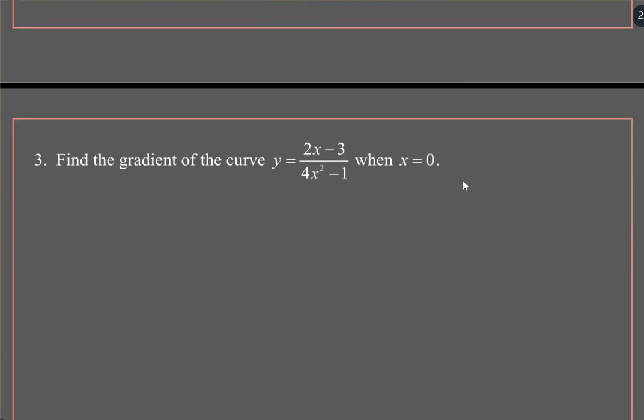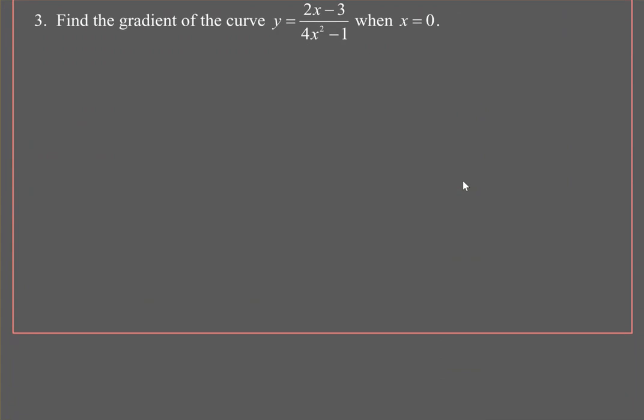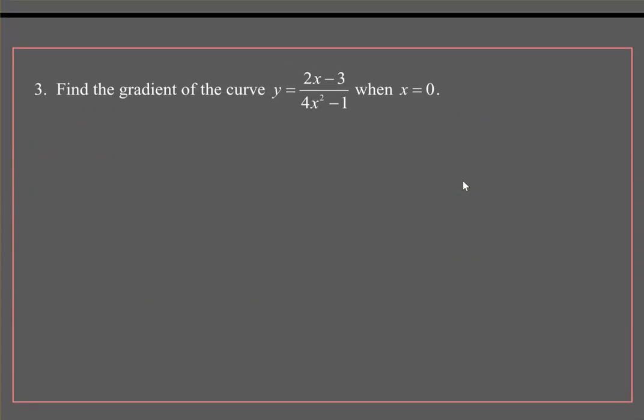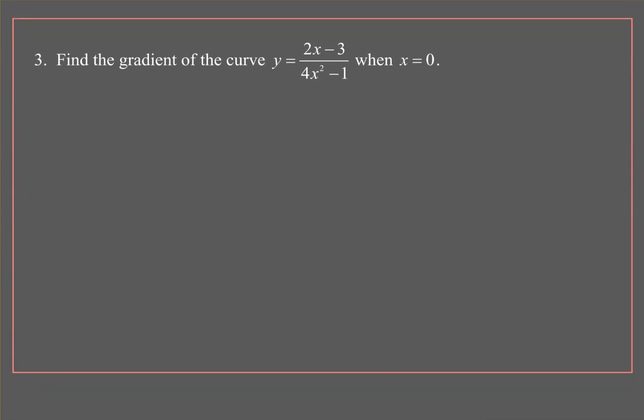Okay, question number 3. All right, what I see here is a quotient rule. So the whole thing's a quotient rule, and I have a chain rule in it. No, there's no chain rule, just a quotient rule. So the quotient rule says that dy/dx is going to equal.